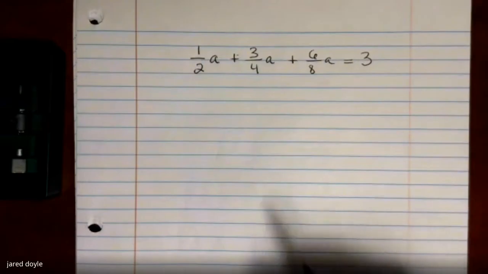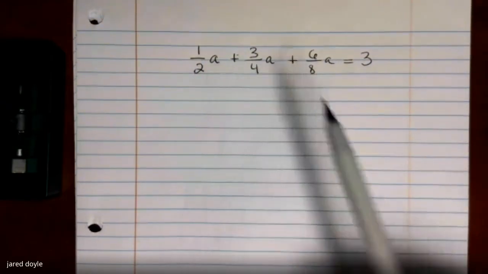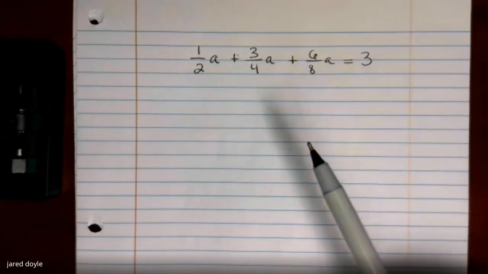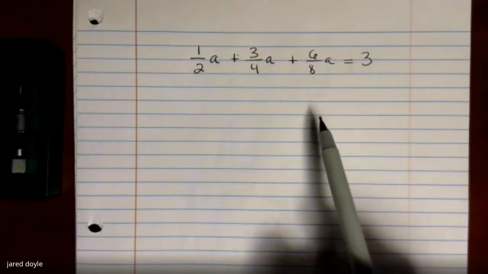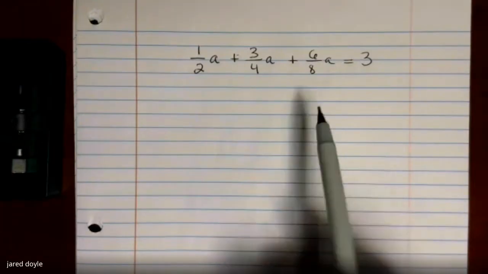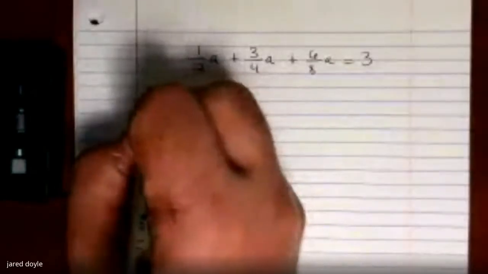Okay? So here you're looking at going, oh man, I've got to come up with 3 fractions that are like fractions to be able to add this mess together. Well, if you don't want to work with all those fractions, you can eliminate them by multiplying by the least common multiple of 2, 4, and 8. What's the least common multiple?